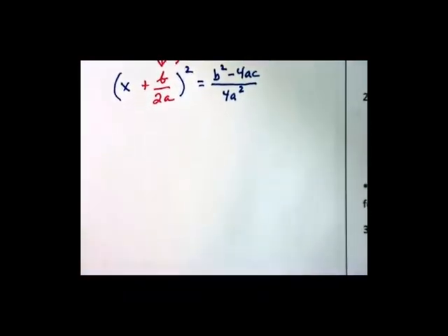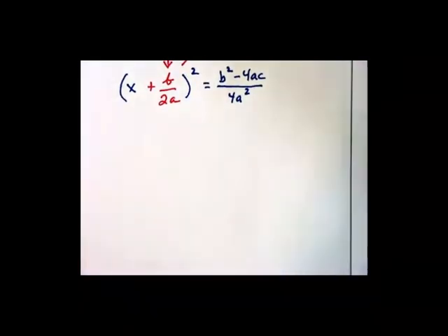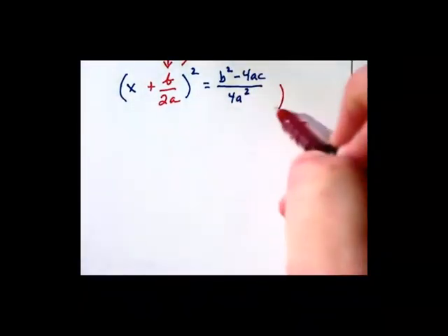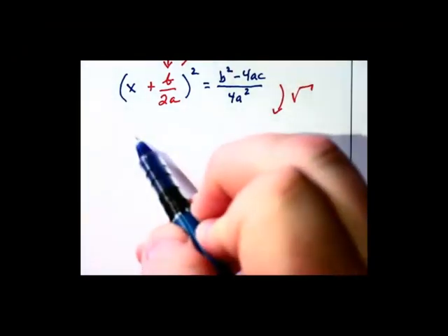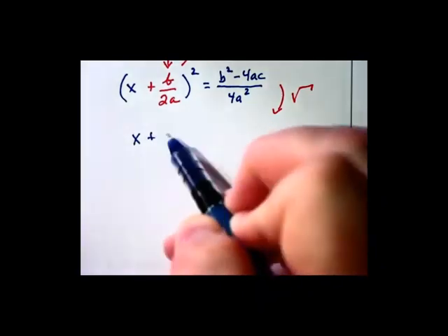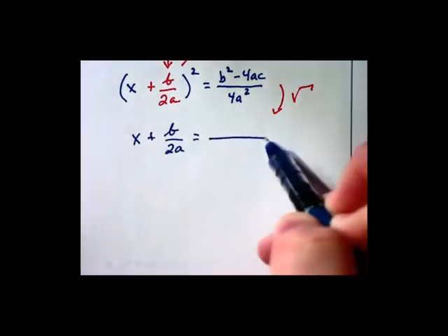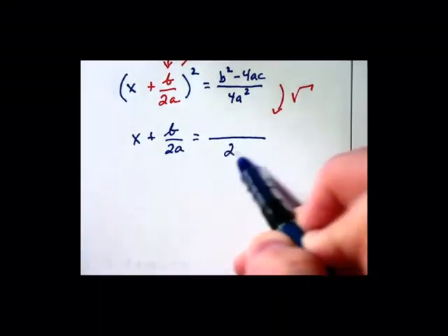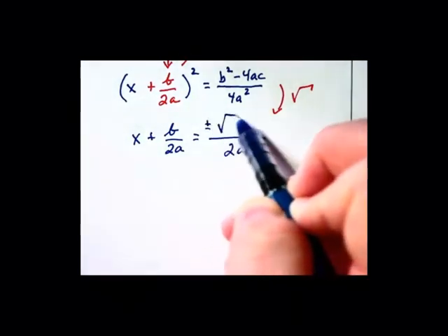Now we're at the point where we can square root each side of the equation, messy as that may be. And square rooting the left undoes the parentheses and the quantity squared. We just get x plus b over 2a. On the right, the denominator becomes 2a also, but we cannot square root across that minus sign.